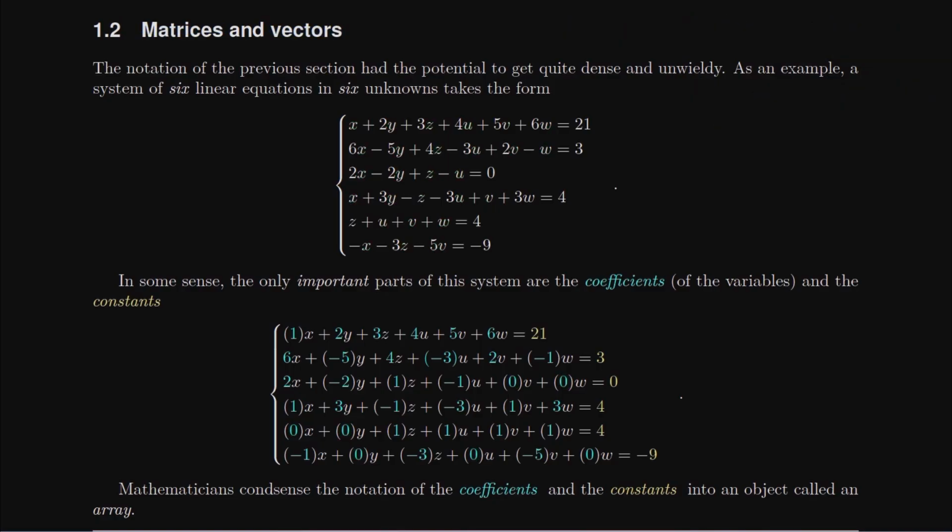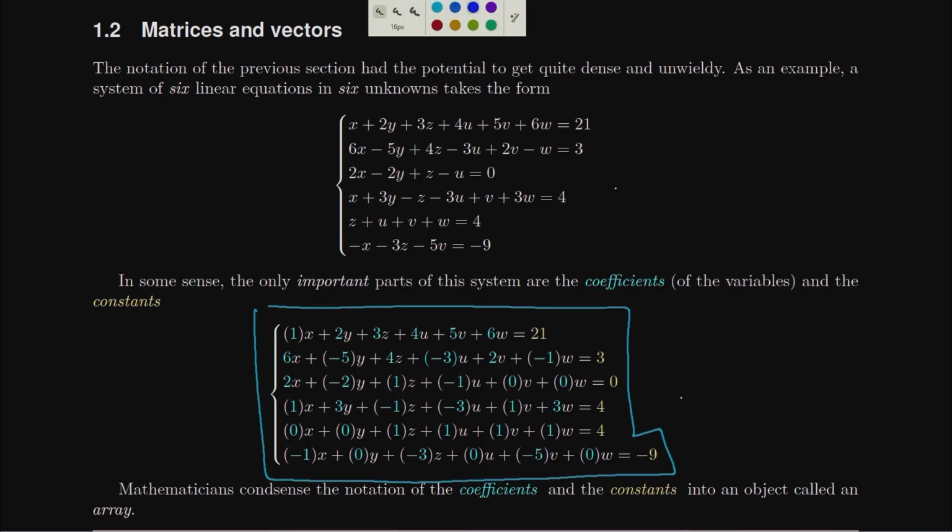But aside from that, if we look at the bottom representation of the system, we can see the coefficients 1, 2, 3, 4, 5, 6, 6, negative 5, 4, negative 3, 2, negative 1, 2, negative 2, 1, negative 1, 0, 0, 1, 3, negative 1, negative 3, 1, 3, 0, 0, 1, 1, 1, 1, negative 1, 0, negative 3, 0, negative 5, and 0. All of those coefficients uniquely determine the left-hand side of this system. So just the coefficients alone uniquely determine the left-hand side.